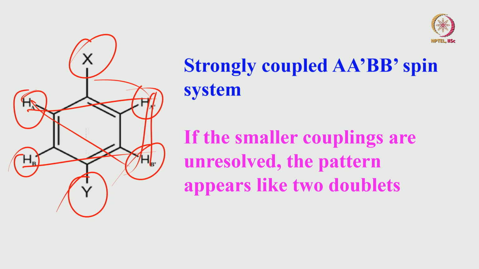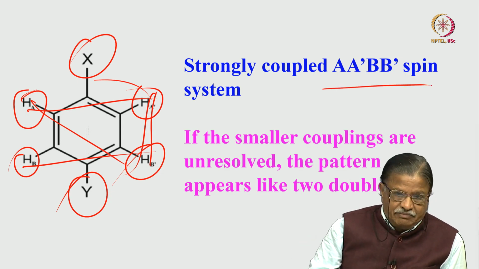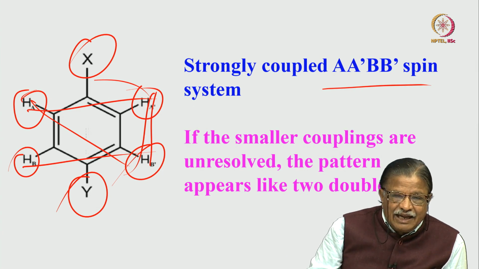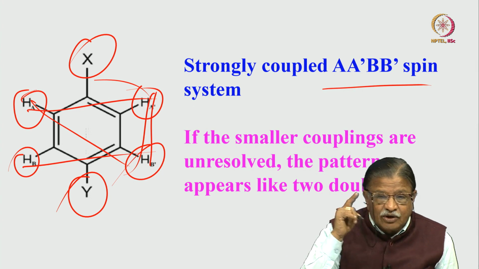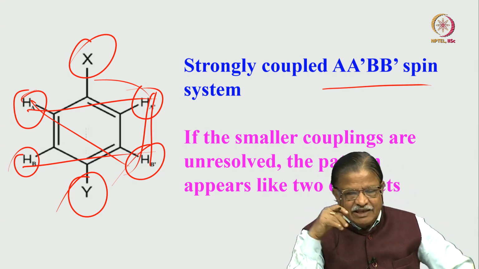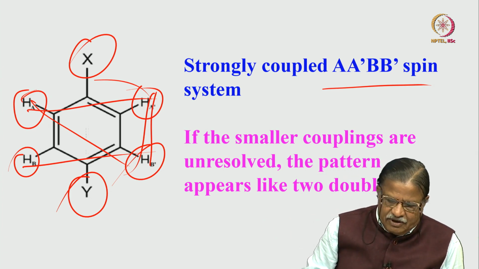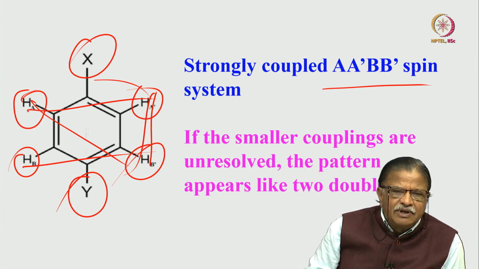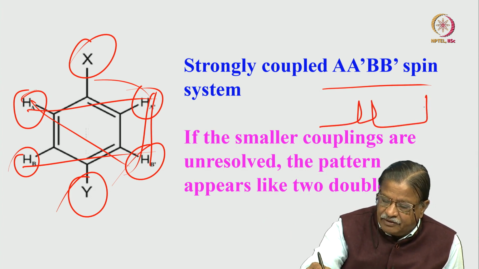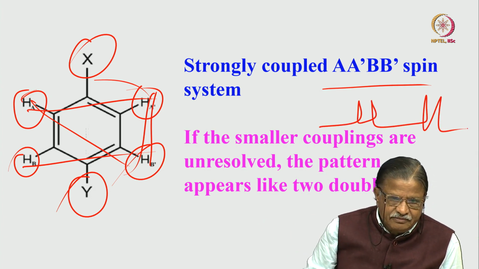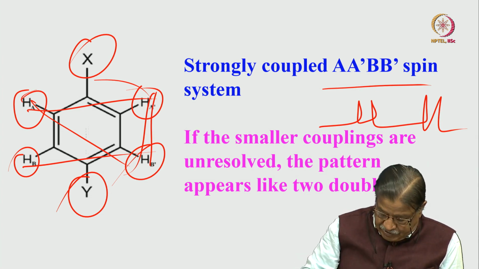As a consequence, this forms a strongly coupled AA prime BB prime spin system, and generally if you analyze an AA prime BB prime spin system, you should get 24 peaks, well separated groups of 12 lines. But normally in big molecules, if they are not resolved, you are going to get what is called 2 doublet like patterns. It is like 2 doublets in the case of asymmetrically para disubstituted benzenes.